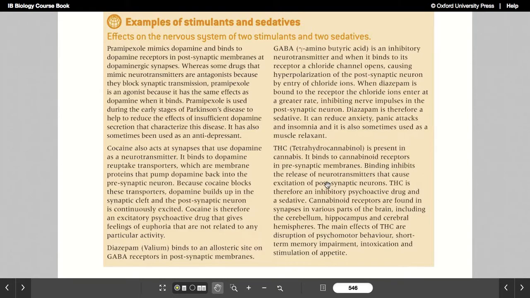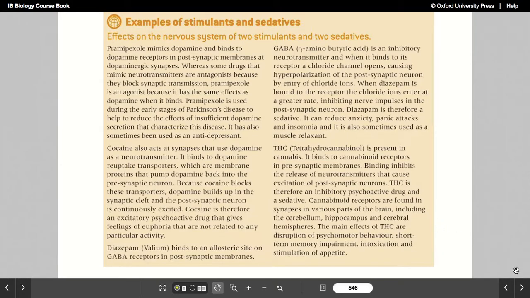This causes you to inhibit the release of excitatory neurotransmitters, which makes it inhibitory. I knew that didn't make sense. Okay, so THC binds to receptors, which stops the release of excitatory neurotransmitters, which makes it inhibitory. Sorry, not sorry for not knowing that much about drugs.